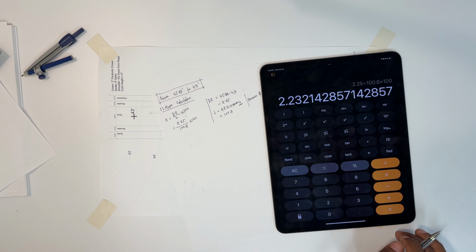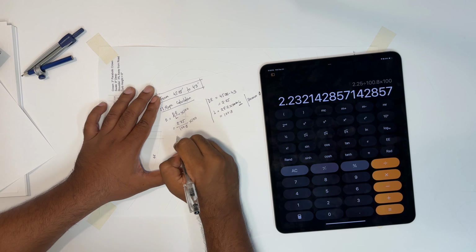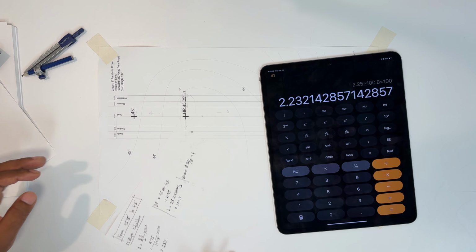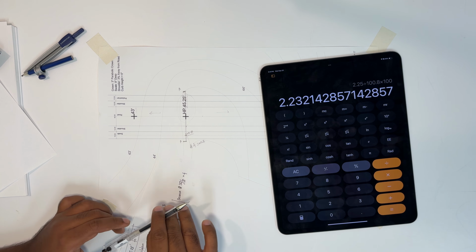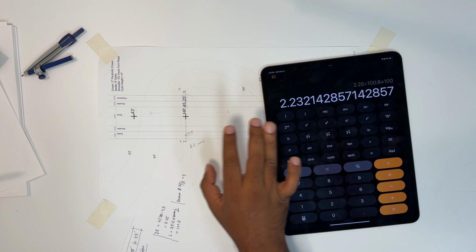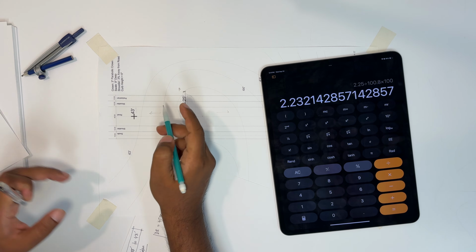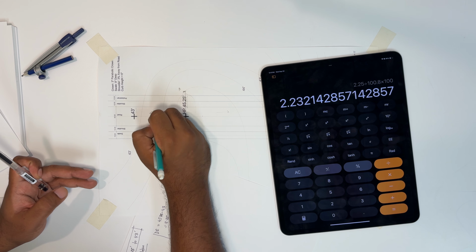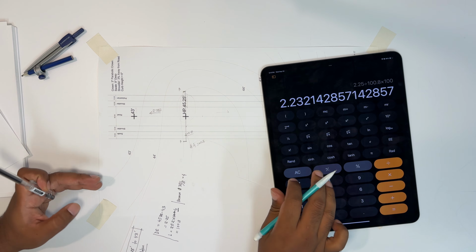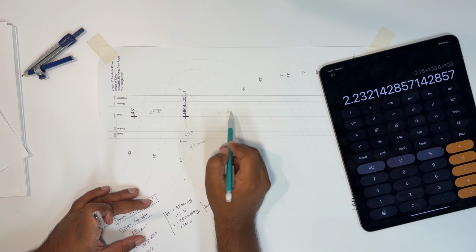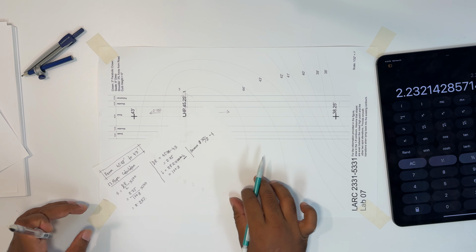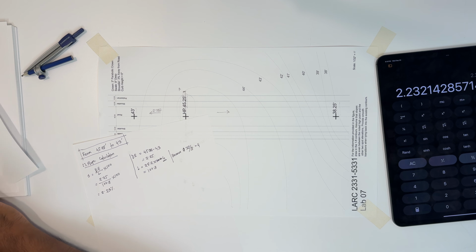So that is 2.23. 2.23% slope this way. So write that down. This way. And let's try to figure out this. This is going down this way. And we just created a page for that.